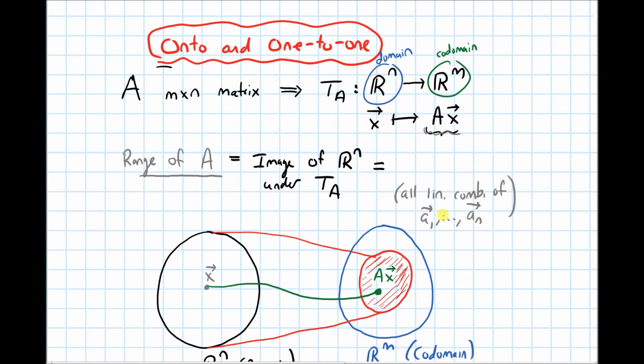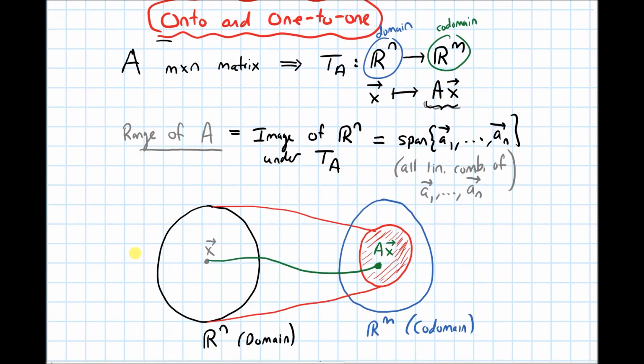Another way to say that more concisely is the span of A1, dot, dot, dot, up until An. So the range of a matrix is the same thing as the span of its columns.